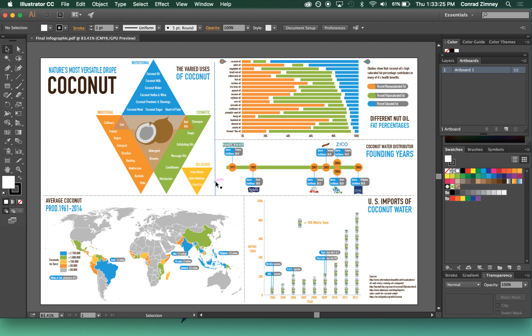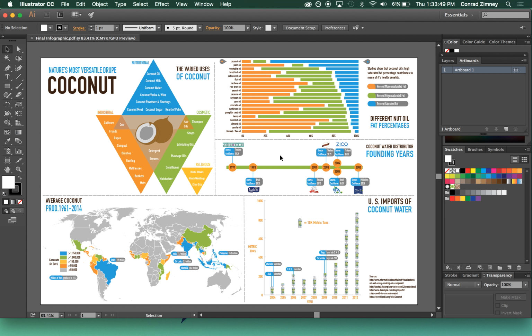And then I've created variety in the logos here. The logos in this time display are unique and different, as well as the coconut water bottles. I feel as though they are varied and sort of unique to the infographic. One last thing about color is I think that I chose these colors very intentionally.